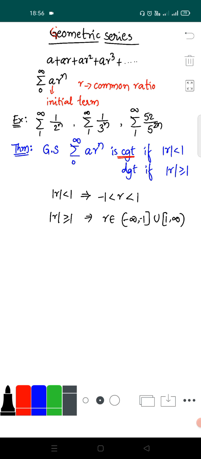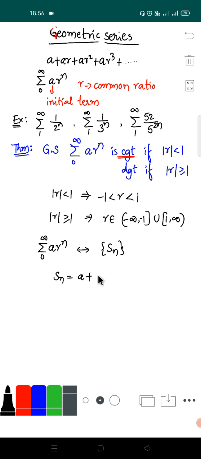the sequence of partial sums. Let's say the given geometric series is the sum of a r to the power of n, n goes from 0 to infinity, and its corresponding sequence of partial sums is Sn, which is the summation of this series up to the nth term.